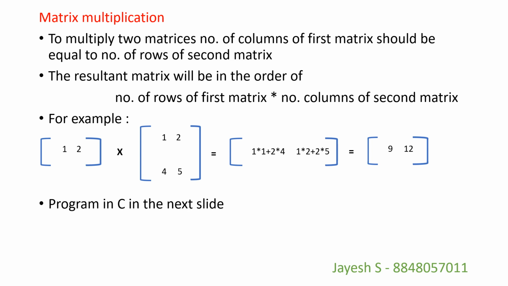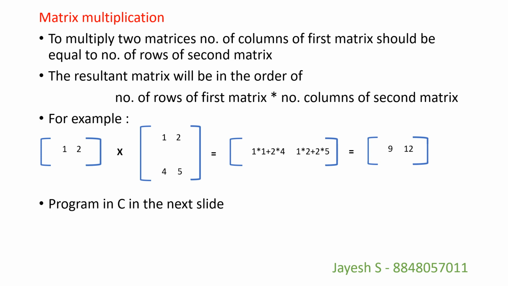In the slide, I have shown an example. From the slide, you will get a clear idea how matrix multiplication is performed. Here, the first row of the first matrix is multiplied with the first column of the second matrix to get the first element of the resultant matrix.